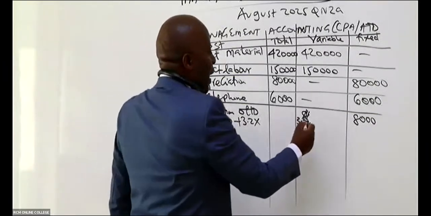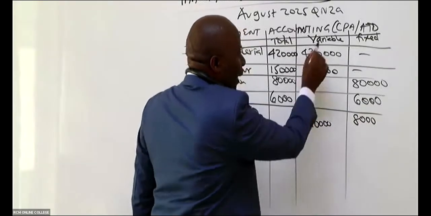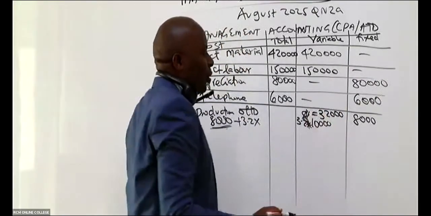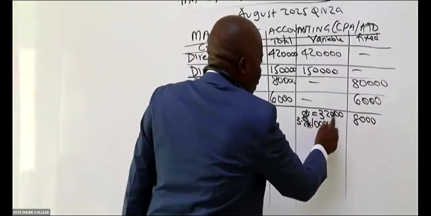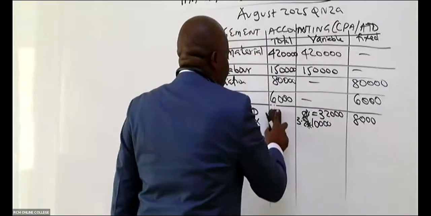So it will be 3.2 times 10,000. You can see this whole is a variable, which will end up giving us 32,000. If you add the two, 32,000 plus 8,000, it will give us the 40,000 that they have mentioned there.